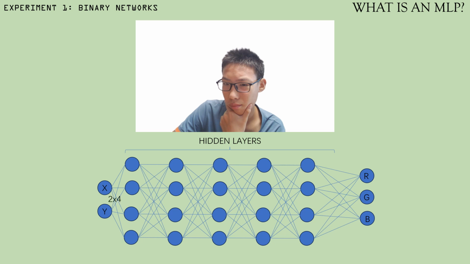We label the connection between 2 layers by the number of neurons in the first layer by the number of neurons in the second layer. We call that 2 by 4 because if you multiply it together, you get 8, and there are currently 8 connections between the input neurons and the first hidden layer neurons.